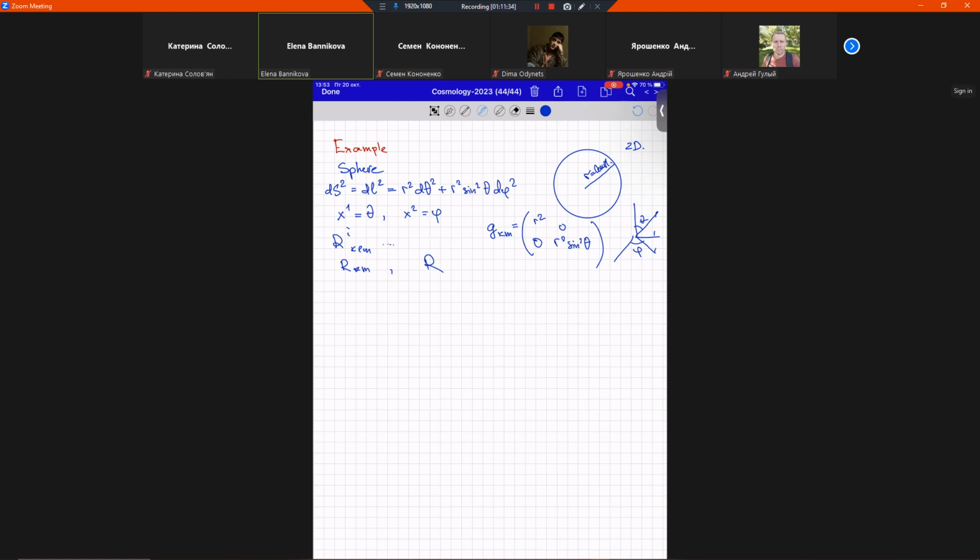So let's consider, for example, understandable that the scalar curvature has only one component because it's a scalar.